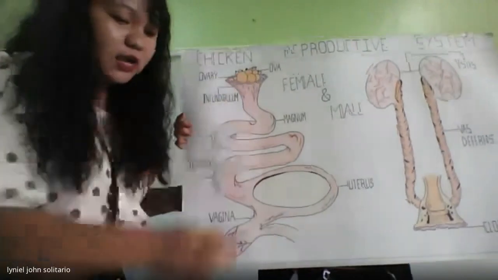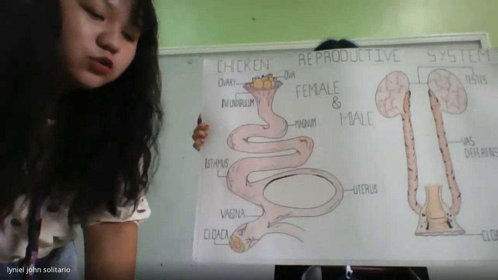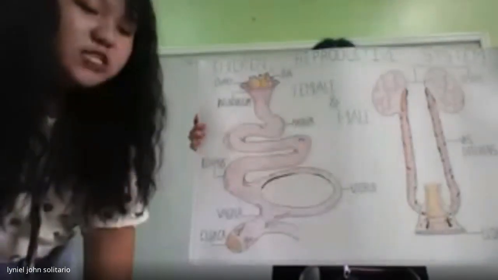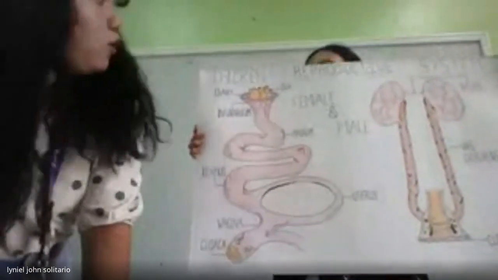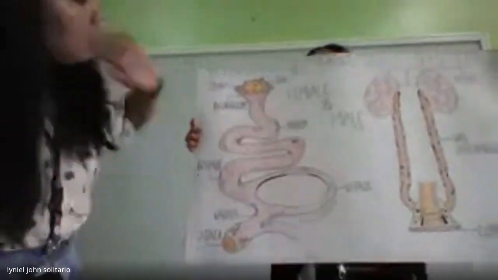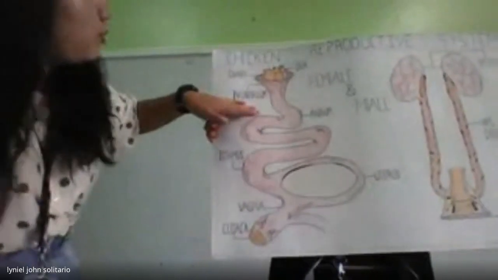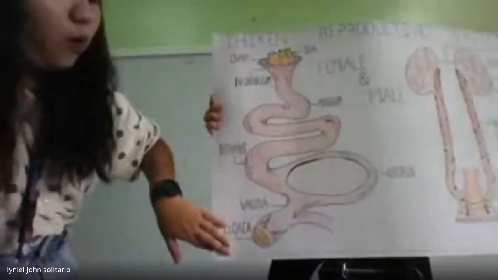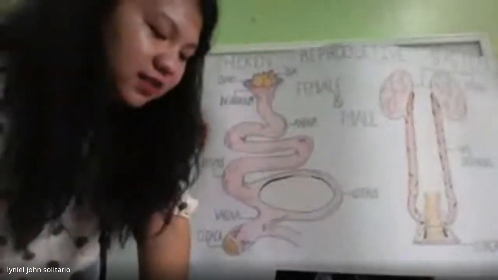It takes about 10 days for a yolk to grow from a very small size to the normal size found in eggs. It starts in the oviduct, from the infundibulum down to the cloaca.